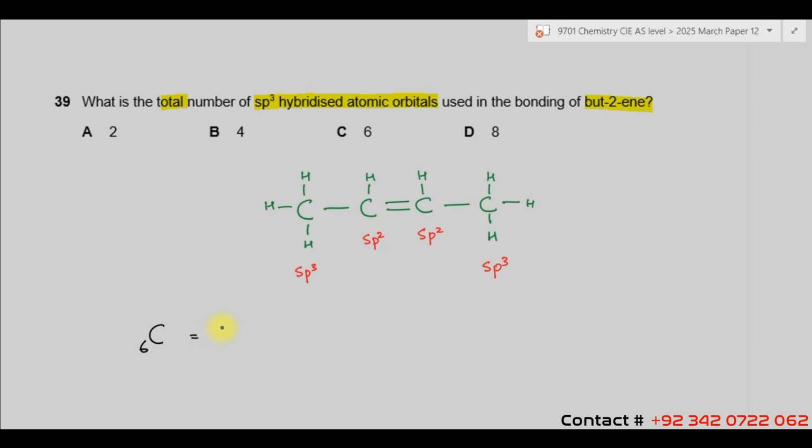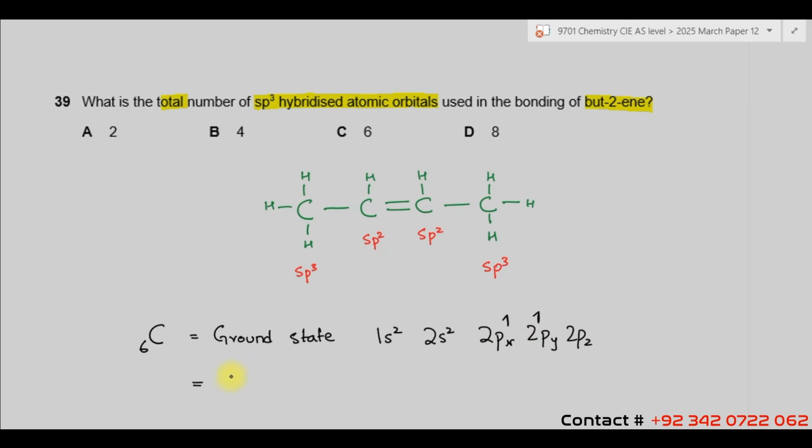What happens is that in ground state we have electronic configuration 1s2, 2s2, 2p2. 2p can be further divided into 2px, 2py and 2pz. So there are 2 electrons. Now according to this one, there are 2 unpaired electrons, so carbon can make only 2 bonds, but in reality carbon makes 4 bonds.